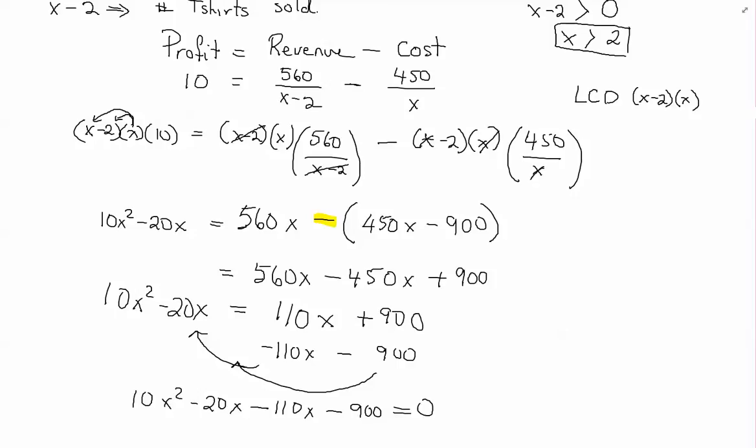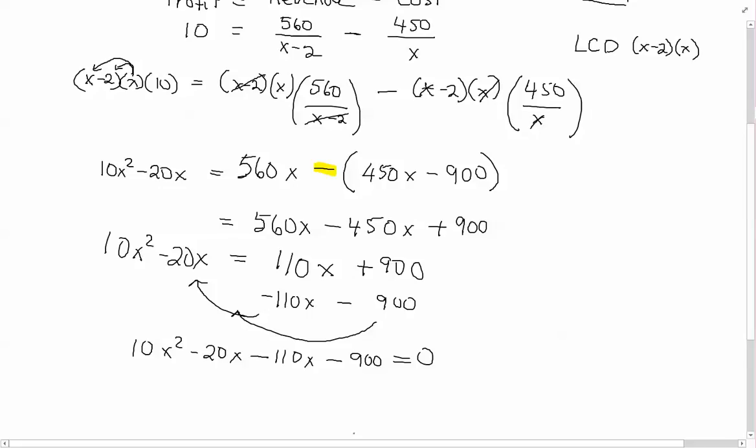We'll just simplify that. So when we simplify this, we are going to have 10x squared minus 130x minus 900, and that's equal to 0.